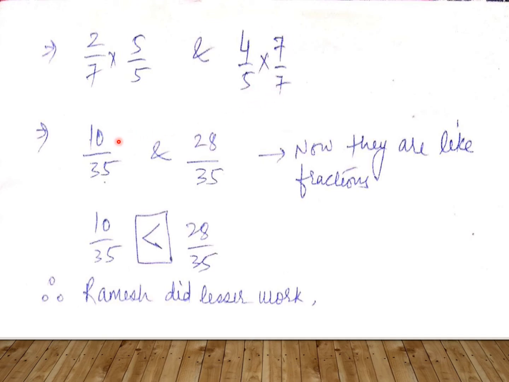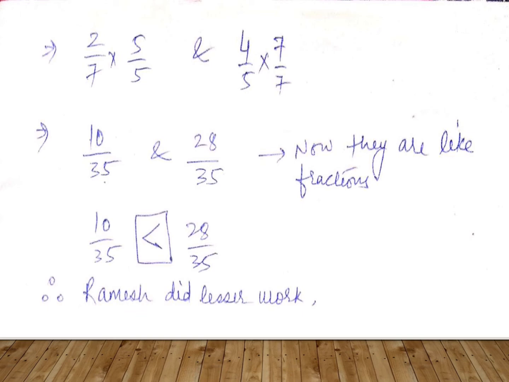Okay, so we have got 2 5s are 10, 7 5s are 35, 4 7s are 28, 5 7s are 35. So these are the new fractions, or we can say the equivalent fractions, and now you can compare them easily because the denominator is the same, and you can see 28 is more than 10. So we can write this symbol. This says that Seema has done more work and Ramesh did lesser work.